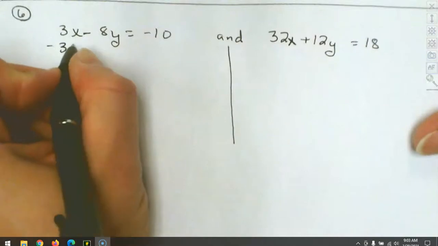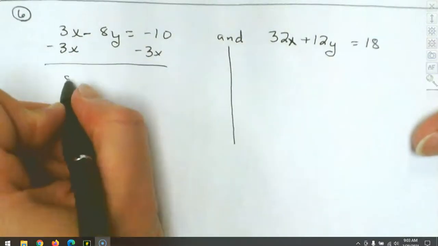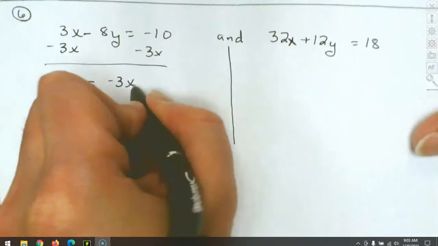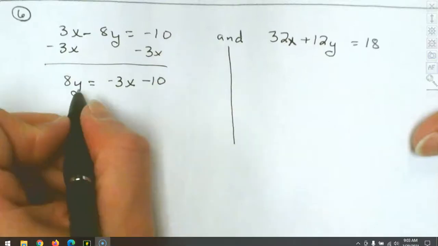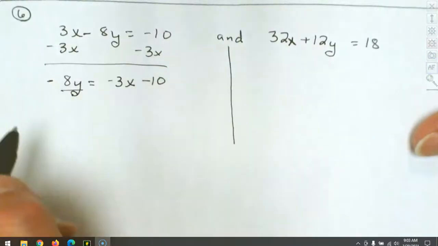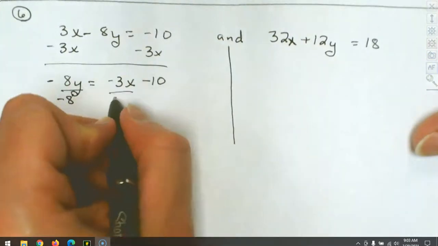So let's move that 3x over. And now we have 8y equals minus 3x minus 10. Oh, did I make a mistake? Oh, sorry about that. And that's a negative 8y there, so watch your signs. So we'll divide that by a negative 8 everywhere.